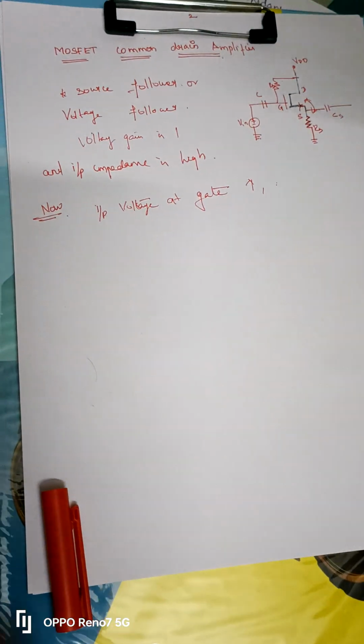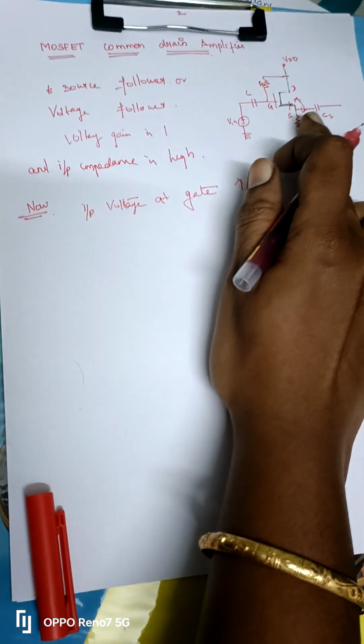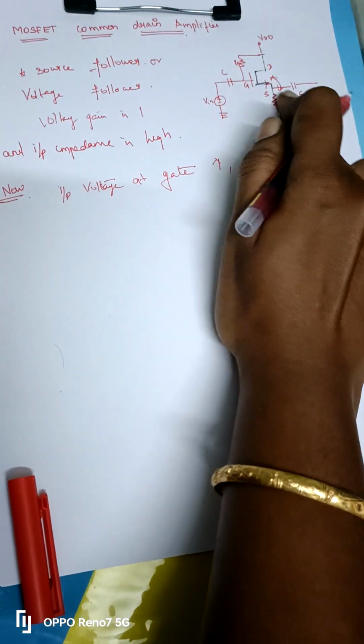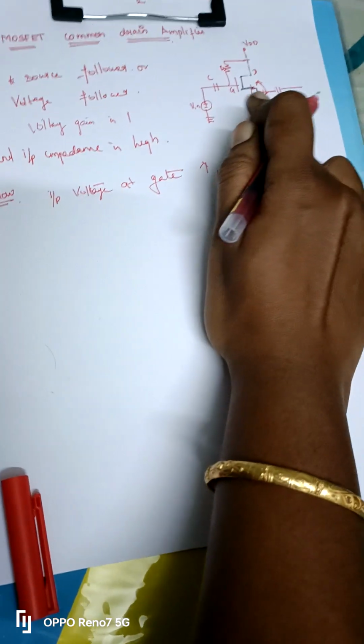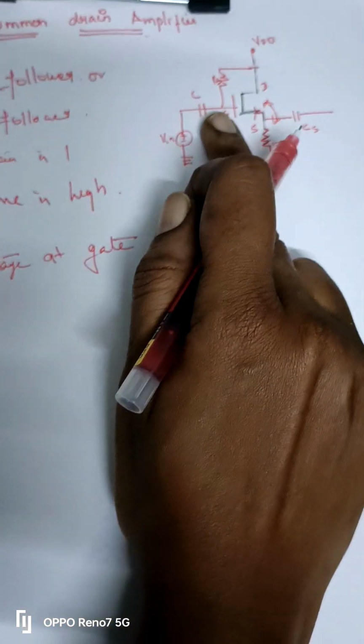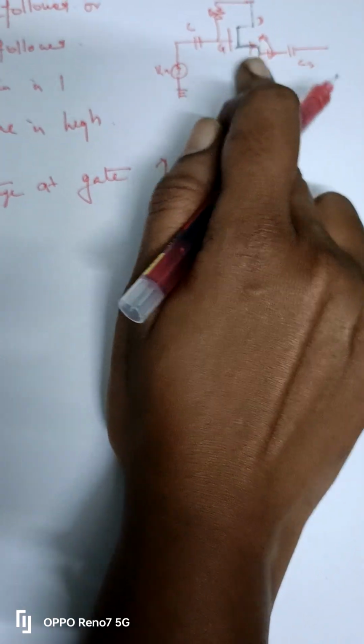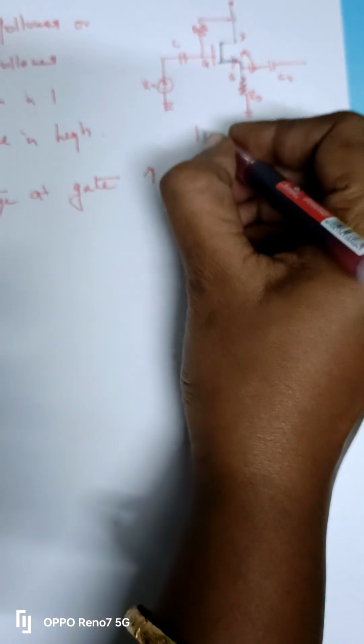The source voltage tries to follow the gate. The source voltage follows the gate closely, lower by one threshold amount.